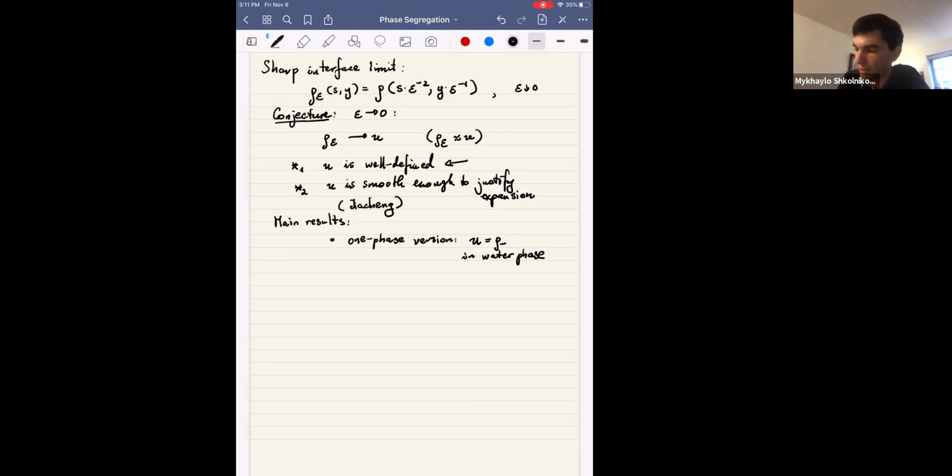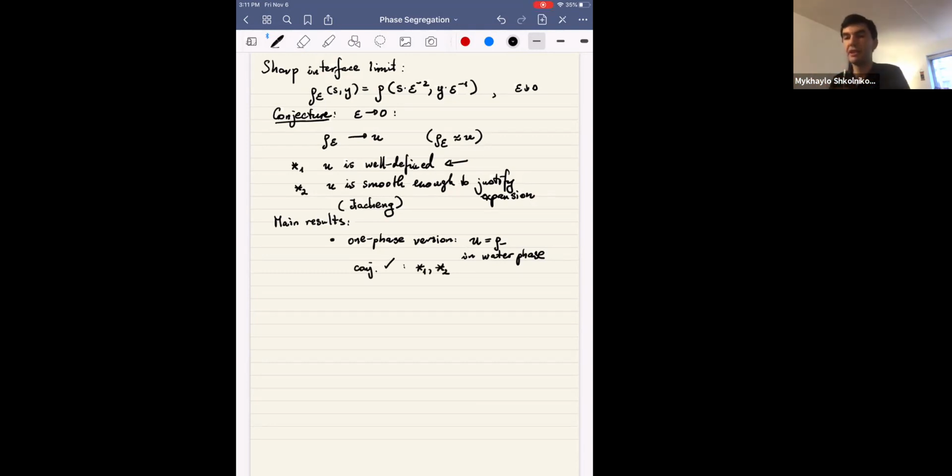So in that setup, we have a full proof of the conjecture, meaning more precisely that we can resolve both of these obstacles 1 and 2, right?